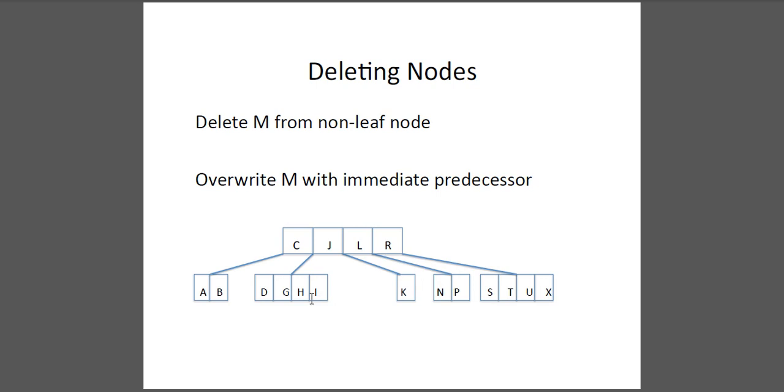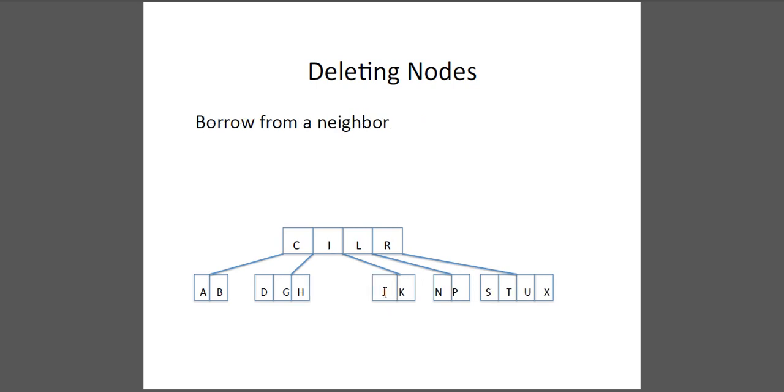In this way you can borrow. J is borrowed here, the immediate predecessor is placed here, J is borrowed to the right side, so that the binary search tree property can be preserved, right? So this is the situation after deleting that M.